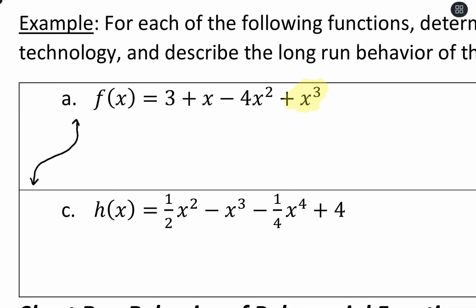In the middle here, all sorts of things can be going on. We're going to talk about that with the short-run behavior, but in terms of long-run behavior, as x approaches negative infinity, as x approaches positive infinity, as we go to the left, our function should be going down to negative infinity. And when we go to the right, our function should be going up off to positive infinity.